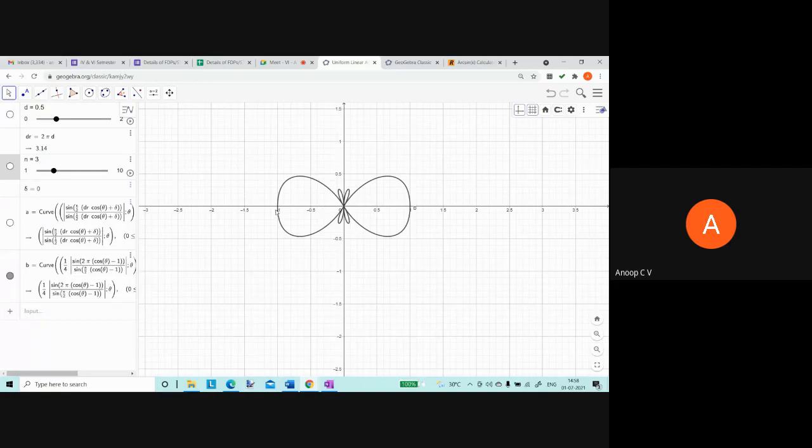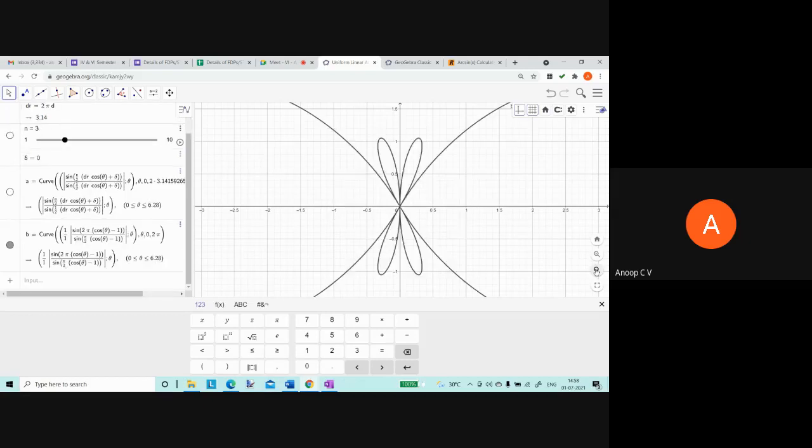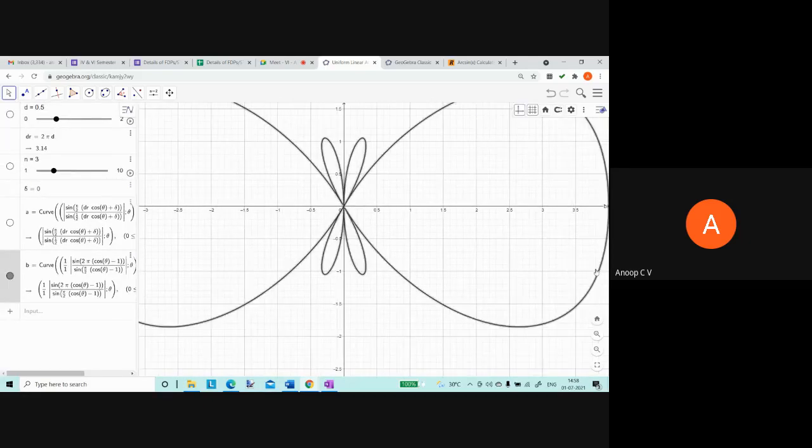And the maximum value, if it is a normalized pattern, will be 1. If it is not normalized, if I'm not dividing it by 4, if I'm multiplying it by 1, you can see the maximum will be 4.